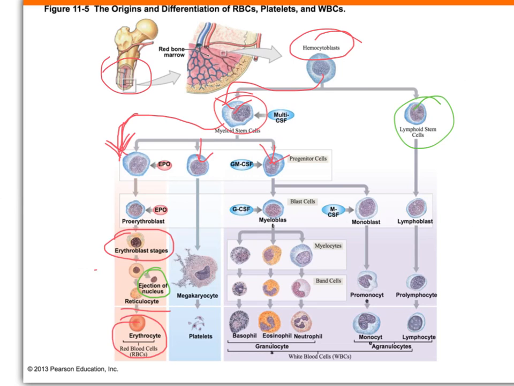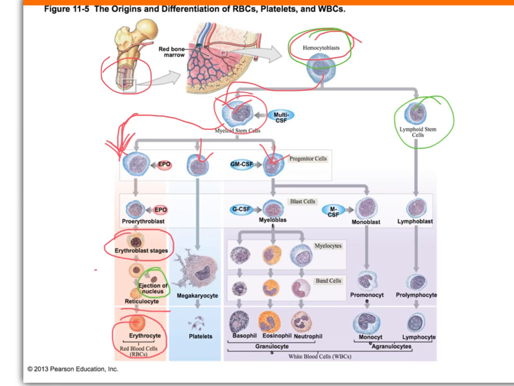Okay, so soon, in the next slide, we're going to be talking about white blood cell formation. And I wanted to remind you of this figure that we looked at earlier when discussing red blood cell formation. I mentioned that the hemocytoblast can develop into myeloid stem cells, and these myeloid stem cells can go on to mature. Some are destined to mature into red blood cells, but some are destined to mature into platelets.